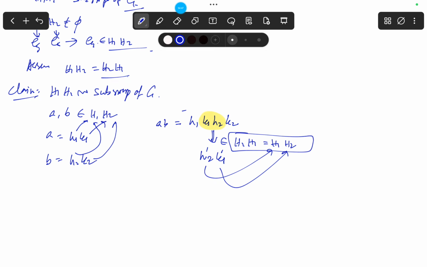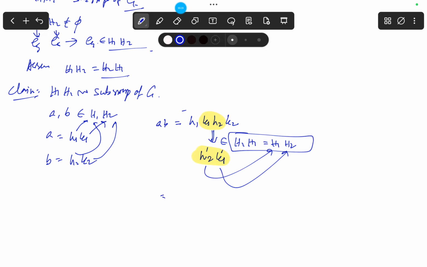Because as I have said, H1 H2 is the same as H2 H1 as a set. The elements may not be the same coordinate-wise, but they have to be the same as a whole subset. So K1 times H2 we can write as H2 prime times K1 prime. Just replace K1 H2 with H2 prime times K1 prime.